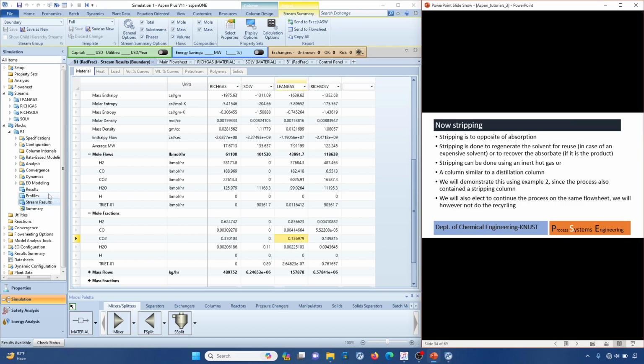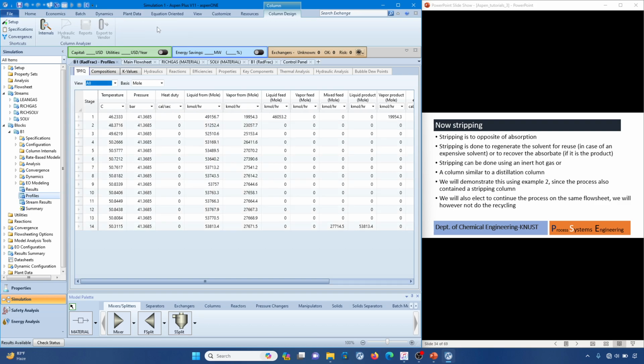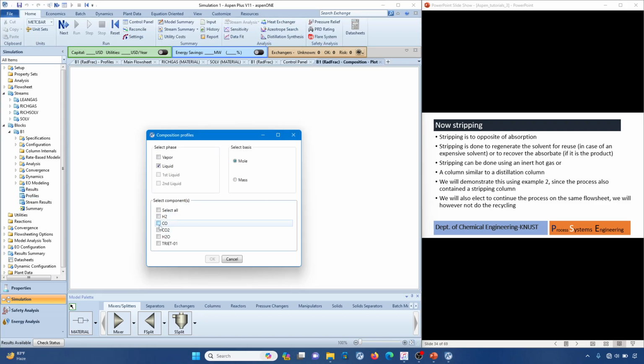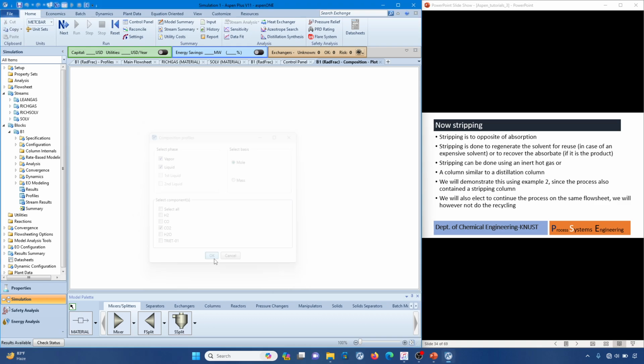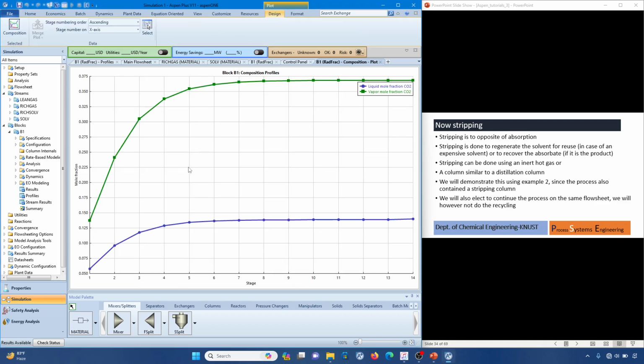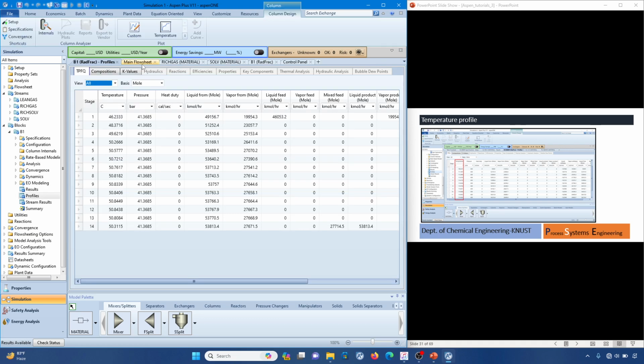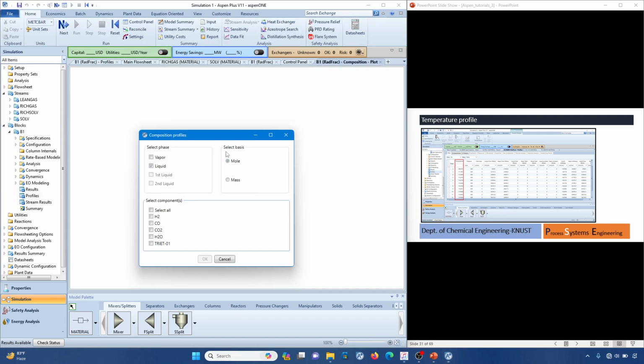We could also check the temperature and composition profiles. Composition is fine. CO2. Maybe not the most useful.